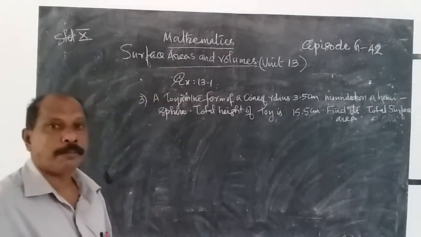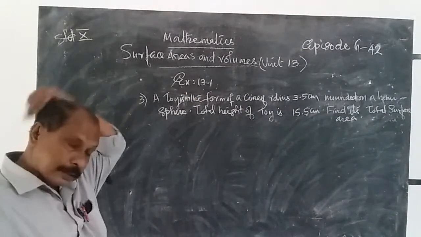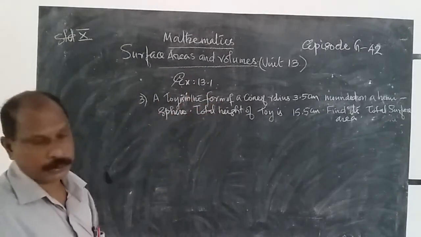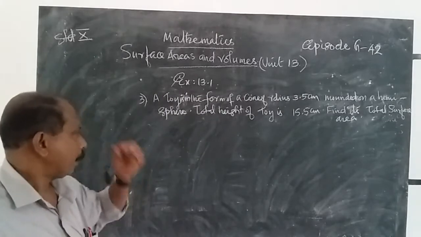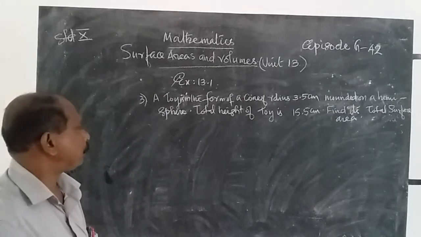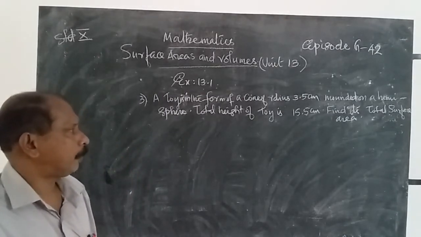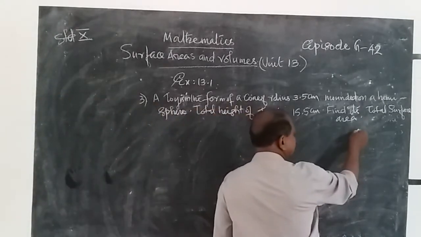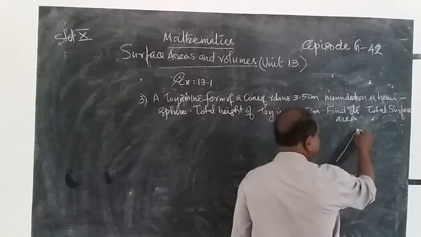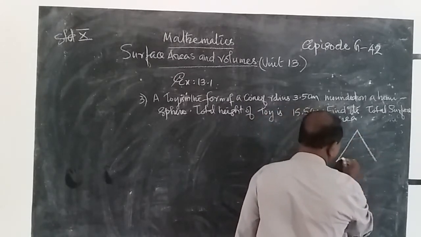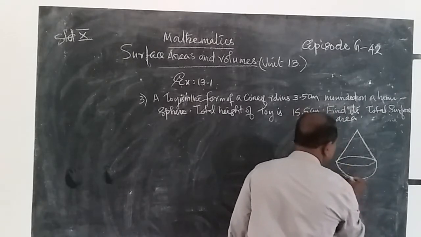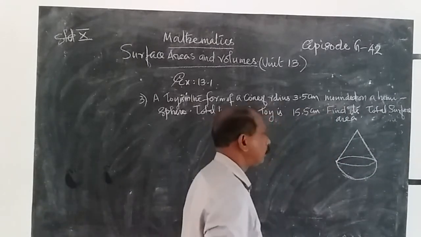A toy is in the form of a cone of radius 3.5, and the radius of the hemisphere is also 3.5. That is the same. Mounted on a hemisphere. The total height of the toy is 15.5 centimeters. Find the total surface area. Yes, this is the figure of that.